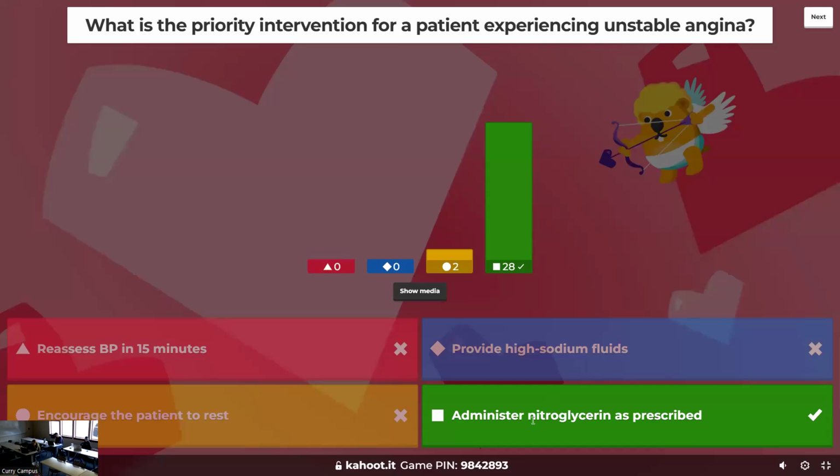Almost everybody got that one right. Administer nitroglycerin as prescribed. And the 2 that got encourage patient to rest, we could do that, but they have unstable angina. So that means that their pain doesn't go away with rest.